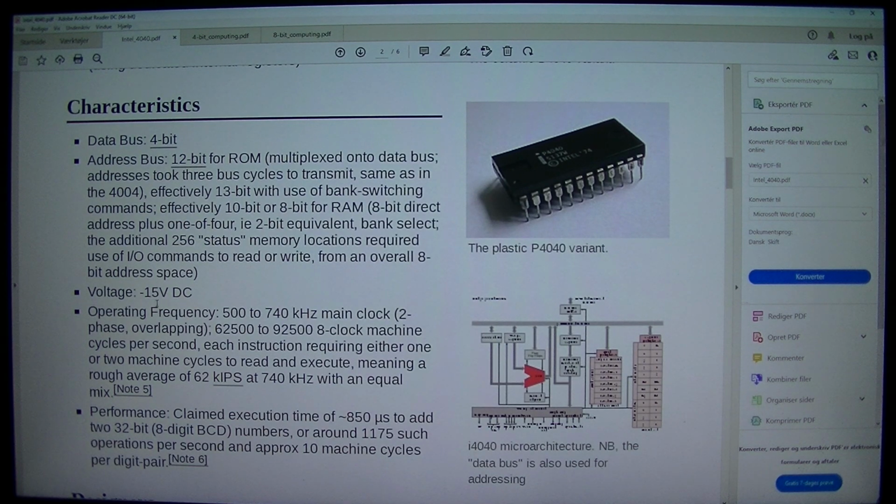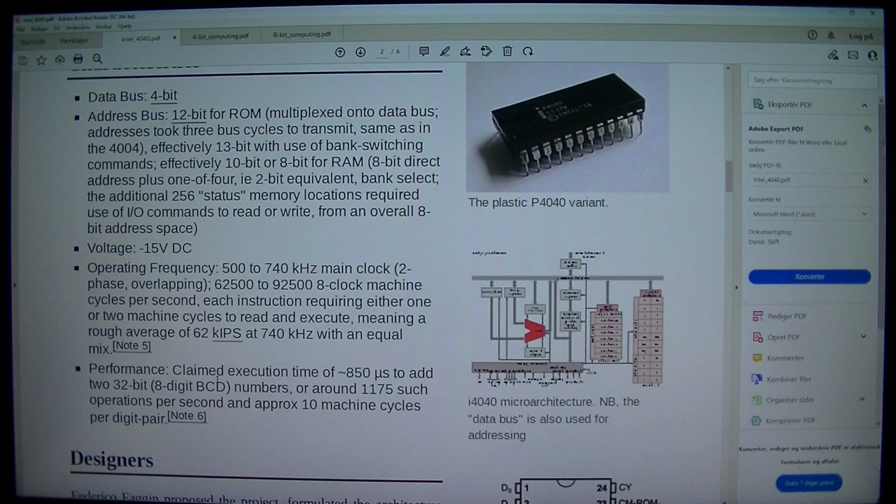Voltage, -15 VDC. Operating frequency, 500 to 740 kHz main clock, 2-phase, overlapping, 62,500 to 92,500 8-clock machine cycles per second, each instruction requiring either 1 or 2 machine cycles to read and execute, meaning a raw average of 62 kIPS at 740 kHz with an equal mix.